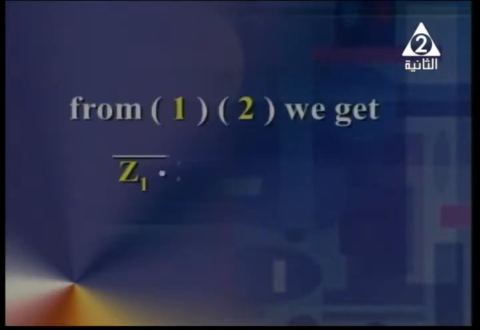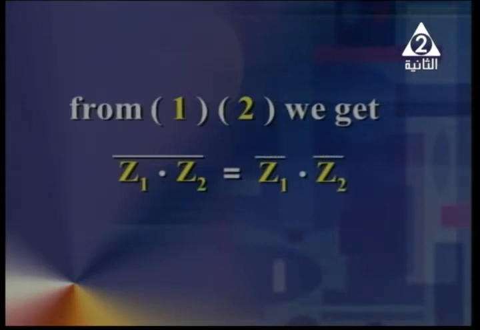What do we deduce? When we find the conjugate of the product of two complex numbers, it equals the product of its two conjugates. From 1 and 2, we deduce that the conjugate of a product of two complex numbers equals the product of their conjugates.